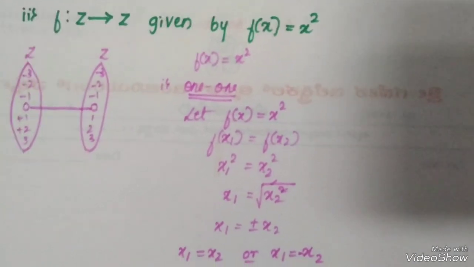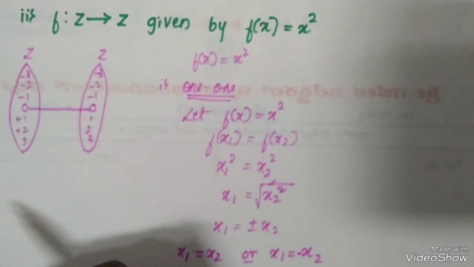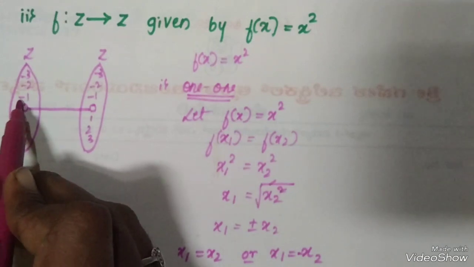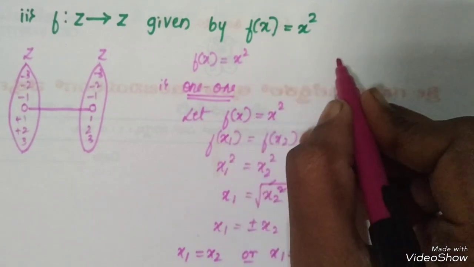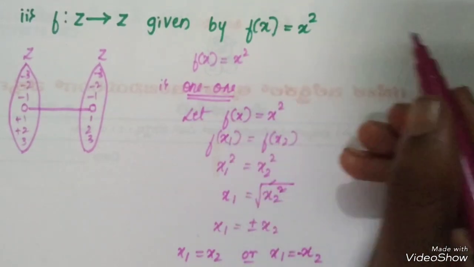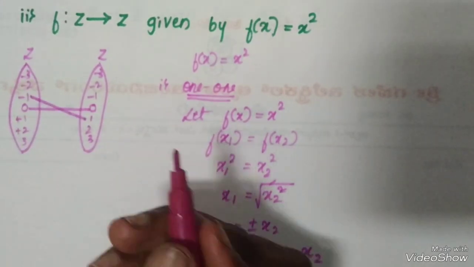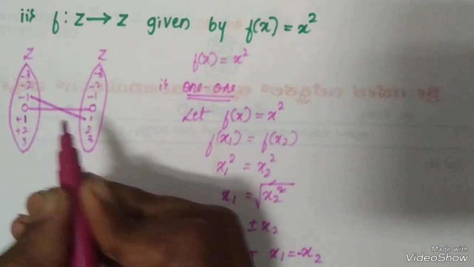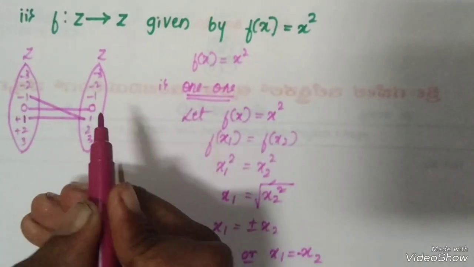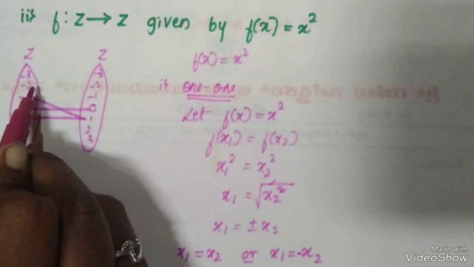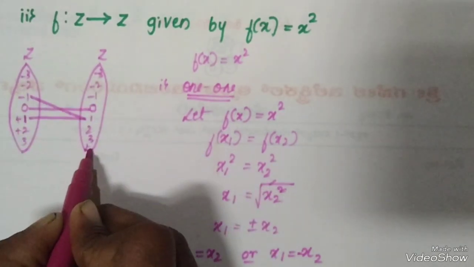Substitute x equals minus 1, we get minus 1 square; minus into minus is plus, so the value becomes 1. Again substitute 1, and 1 square becomes 1. Similarly, for minus 2, minus into minus is plus, 2 square means 4.